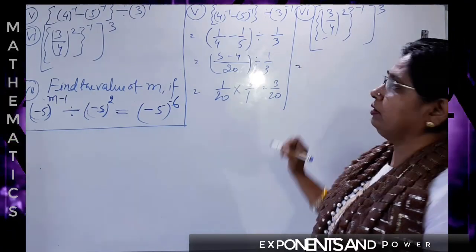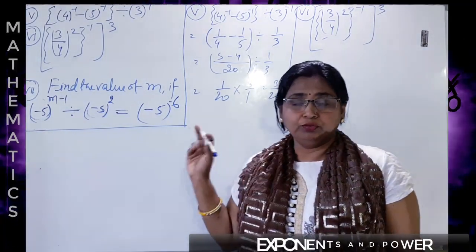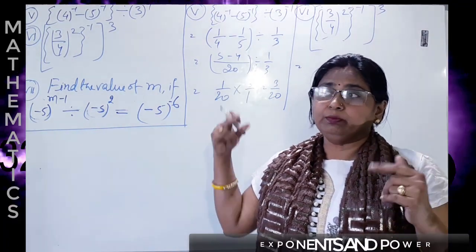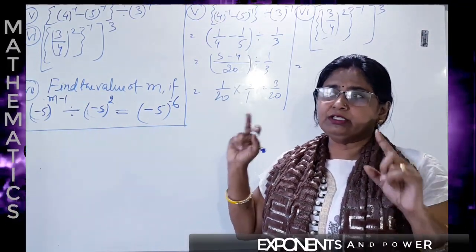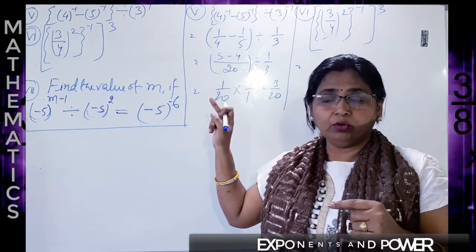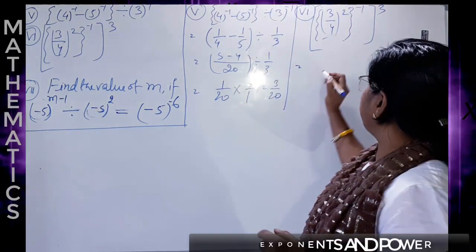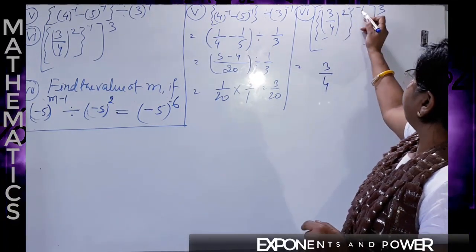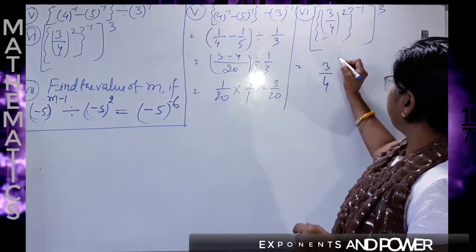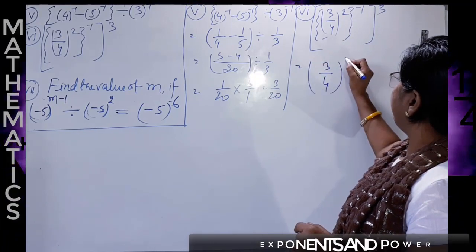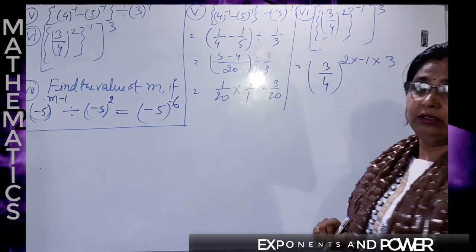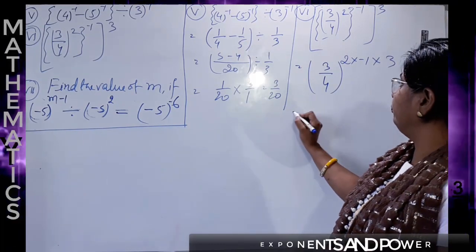Then the solution with the help of the formula: x to the power m to the power n, that means x to the power of the multiple of all powers. Like that I will explain here. 3 by 4, power 2, power minus 1, power 3, all will multiply: 2 into minus 1 into 3, directly with the help of the formula.